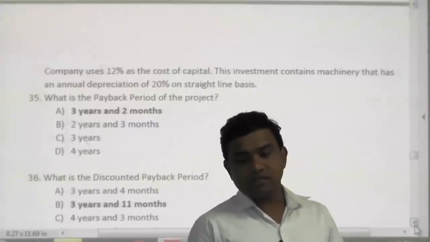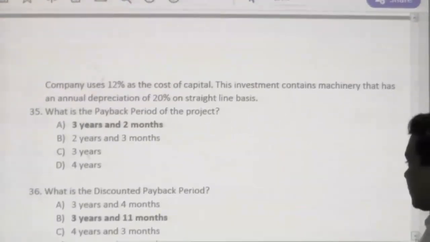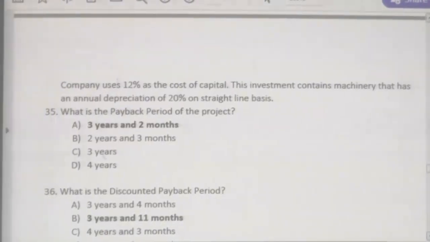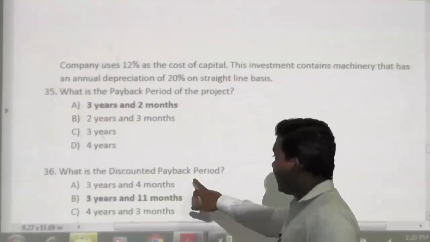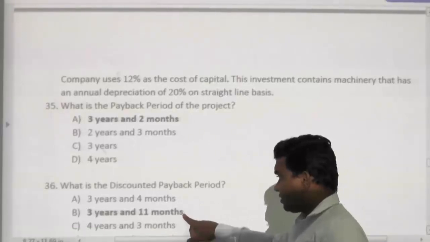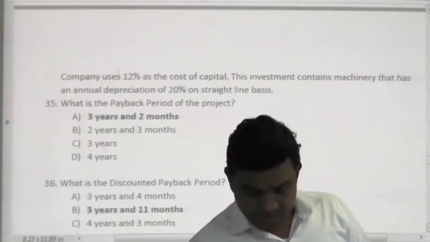Approximately they have given 2 months, but actually it takes 2.1 months, rounded to 2 months, right? Thereafter, question 36 requests you to calculate the discounted payback. That means let's go into the screen again.